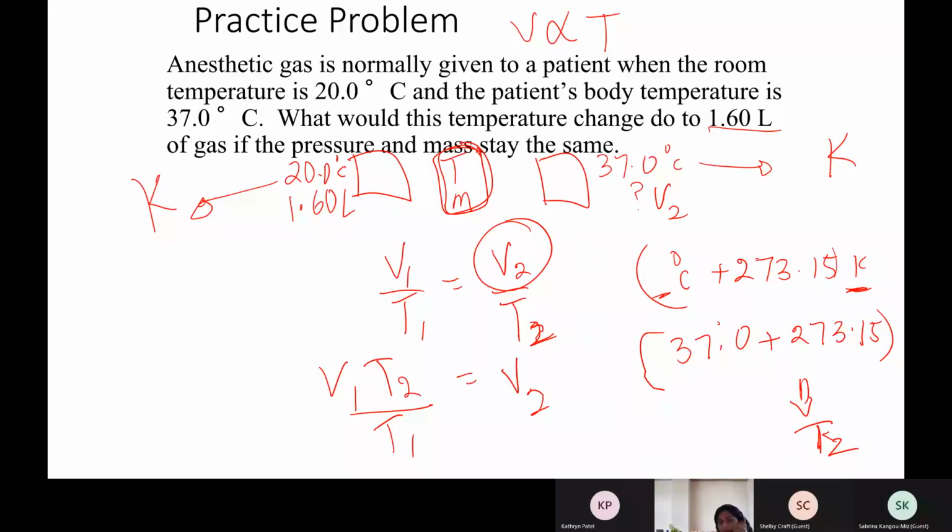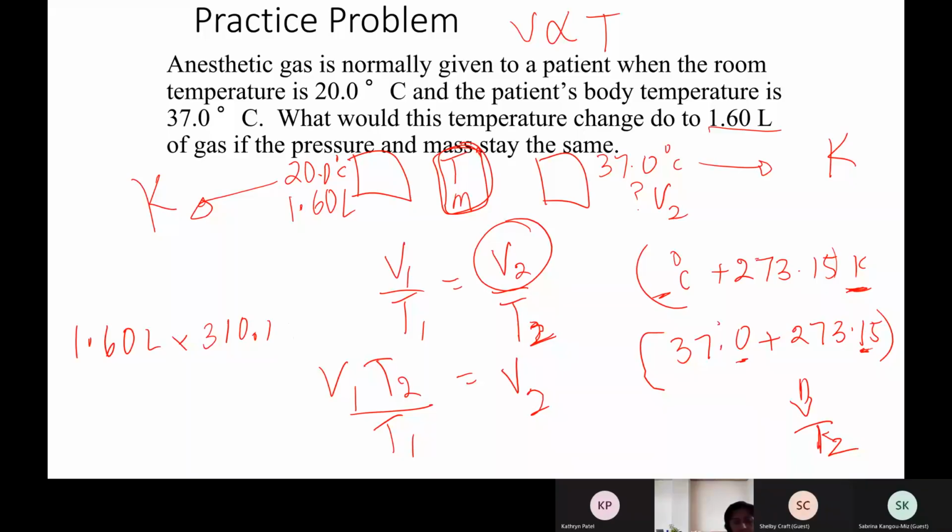So what did you get? V1, that's 1.60 liters times T2. What is 37 plus 273? It would be 300, right? It's 310. Oh, 310, sorry. 310.1, because 37.0 has only one decimal place and the other has two decimal places, so we have to stay with one.